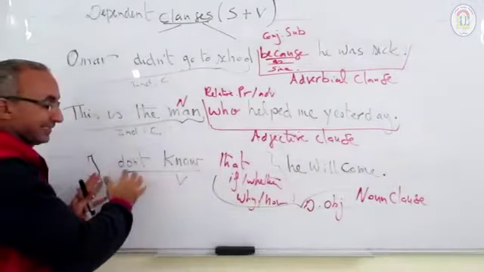So here are the three main types or functions of the dependent clause. It can be adverbial when it starts with one of these conjunctions of subordination, or an adjective clause if it starts with one of these relative pronouns or adverbs.